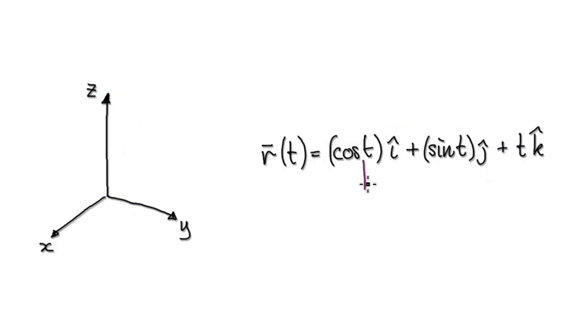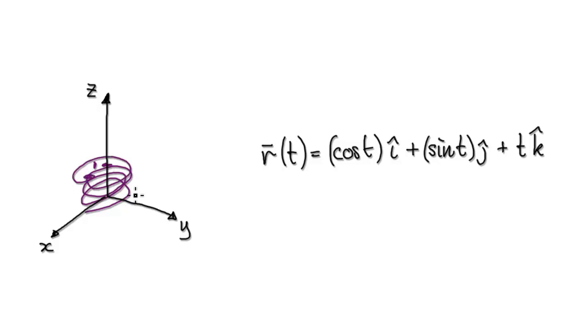Or you could insert, let's say, a 4 in here. So it's going to have 4 cycles in one second. Let's say this is 1 here. It's going to have 1, 2, 3, 4.